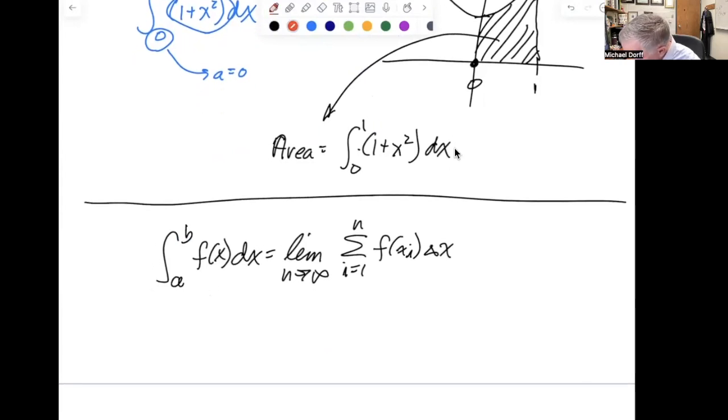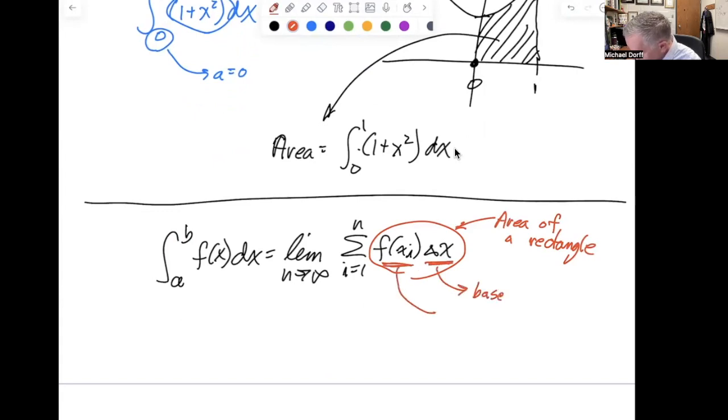Well, this represents the area of a rectangle, because this here is the base, and this is the height of the rectangle. When I multiply the base times the height, I get the area of a rectangle. So I get one rectangle there.